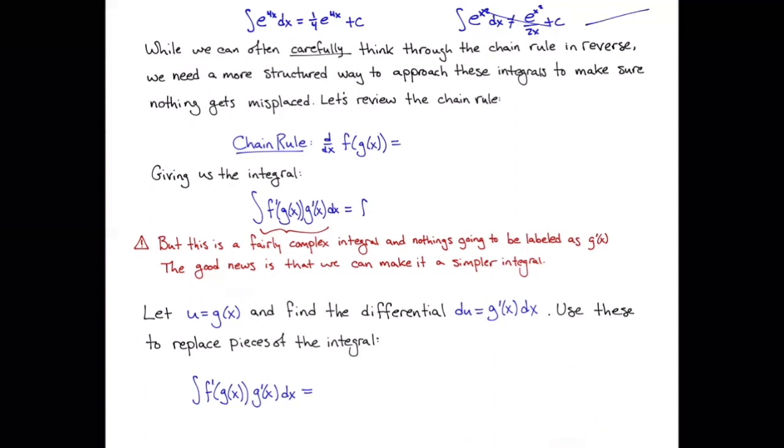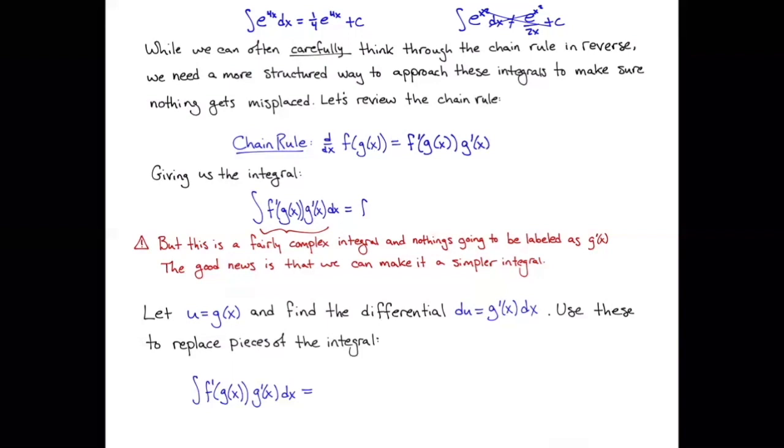It's not good enough to just try to simply think the chain rule backwards, except for in the simplest of cases. And so we need a better way. We need a better approach. And so to figure out that approach, let's review the chain rule, right? We know the derivative of f of g of x is f prime of g of x times g prime of x.